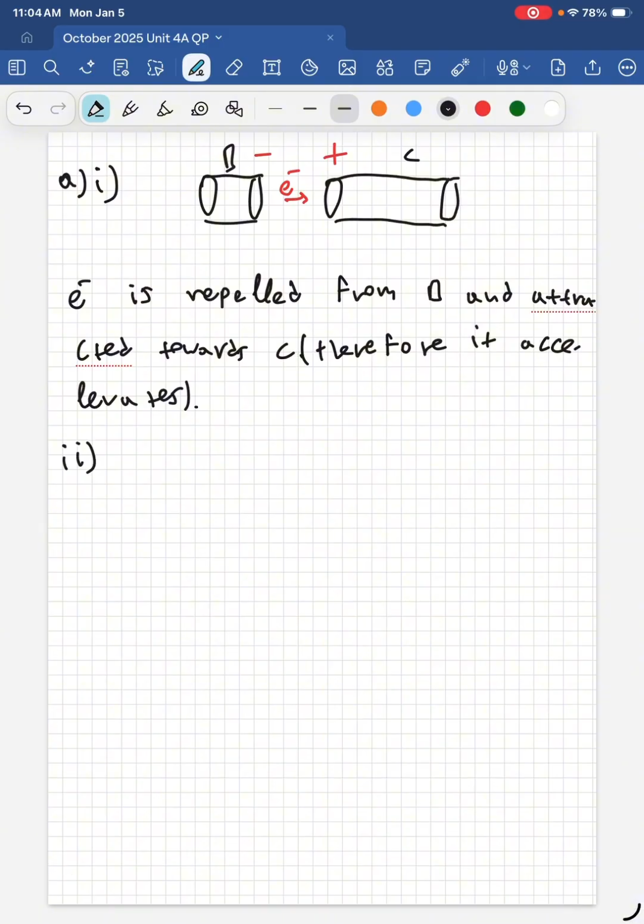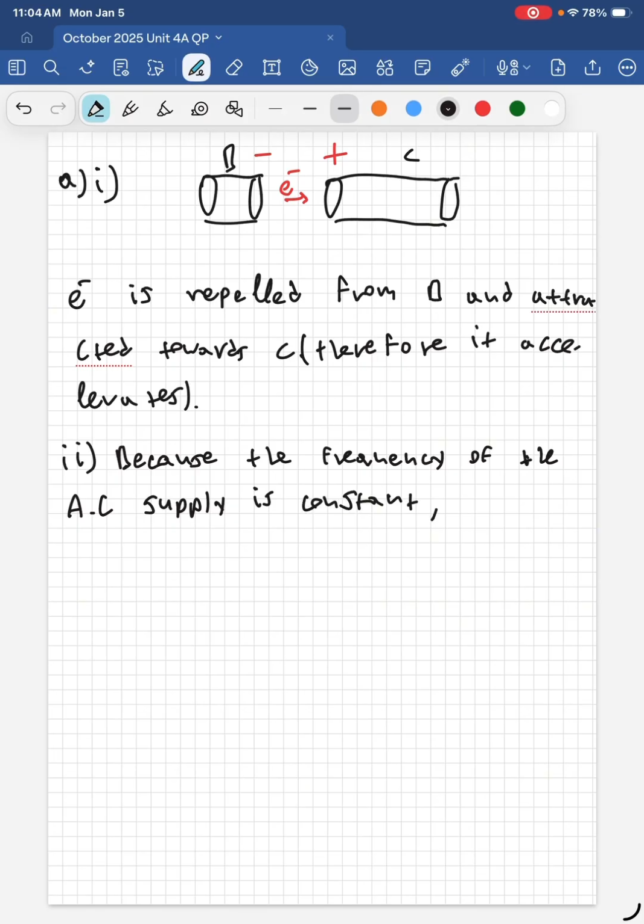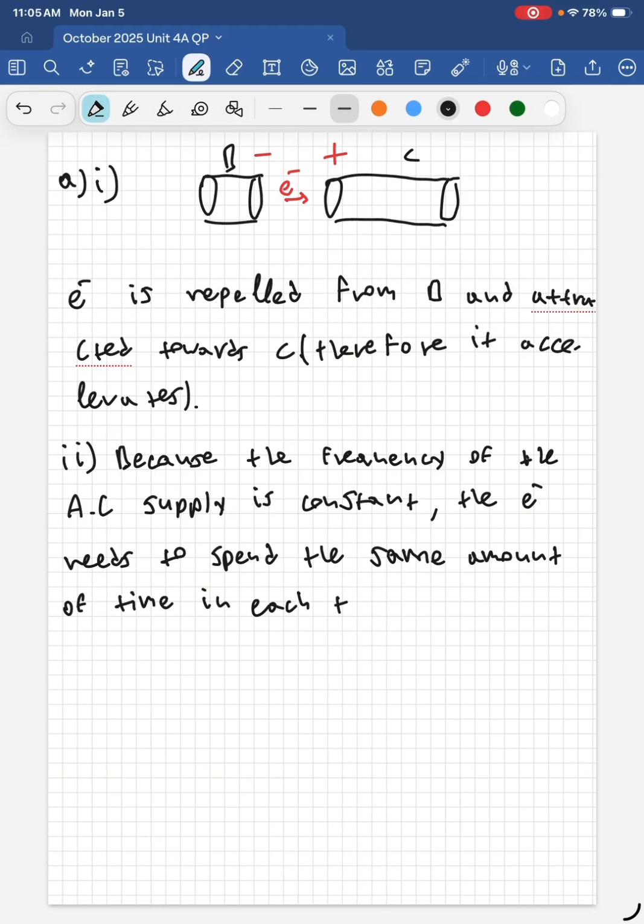So this is the answer: because the frequency of the AC supply is constant, the electron needs to spend the same amount of time in each tube, but it moves faster in each successive tube.